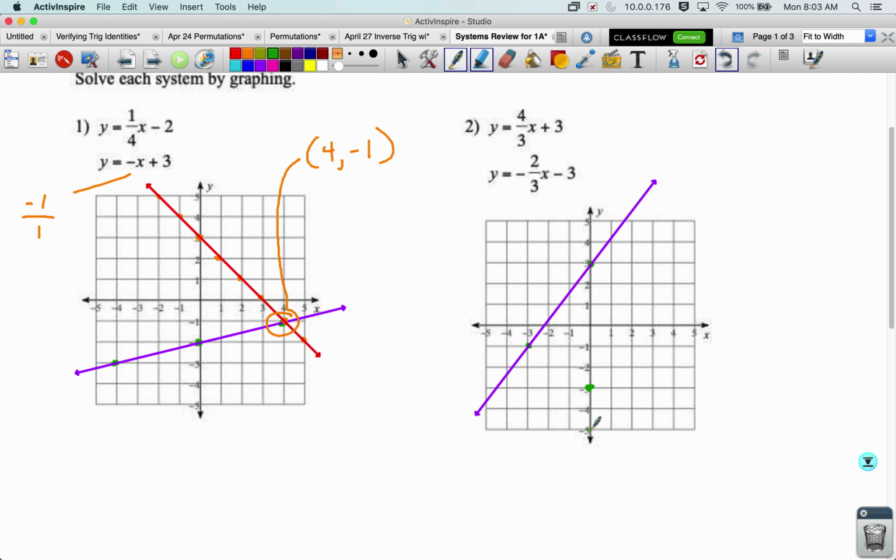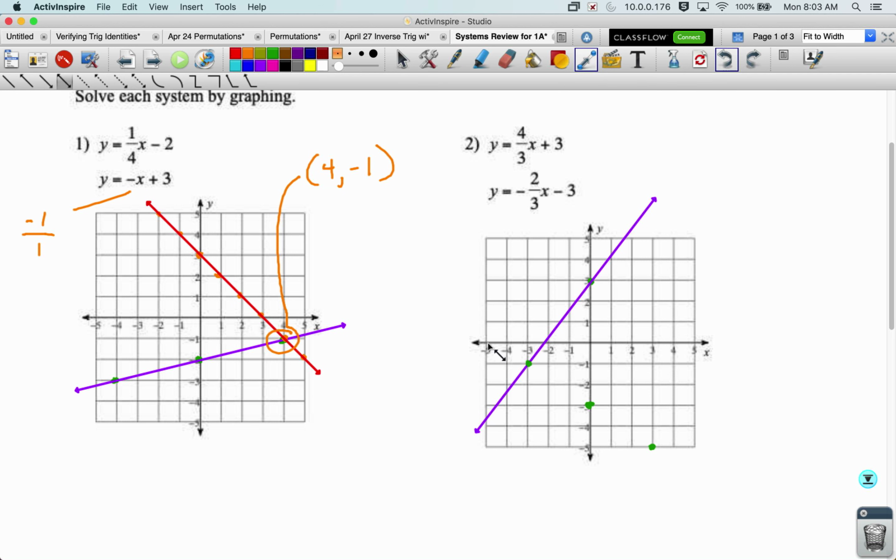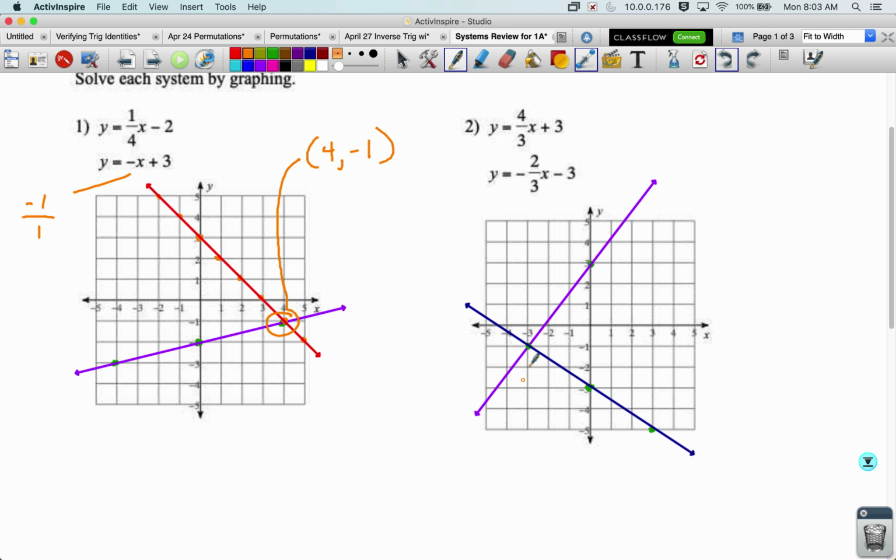Go down 2, right 3, or up 2, left 3, and there's my point of intersection. Right there. Now I just have to name that point. And that is (-3, -1). And that is our answer. Double check by plugging that point back into both equations.